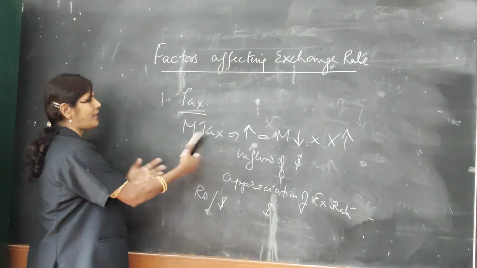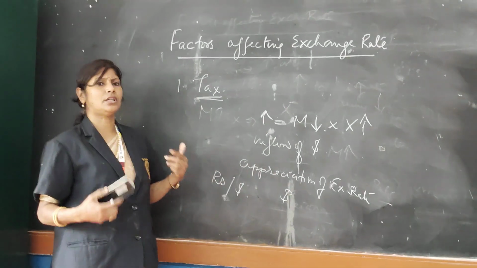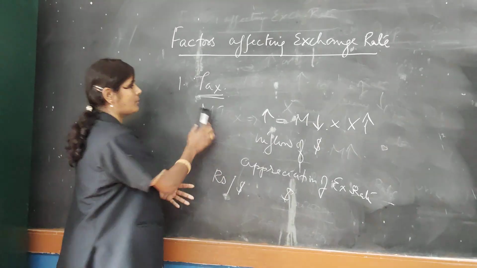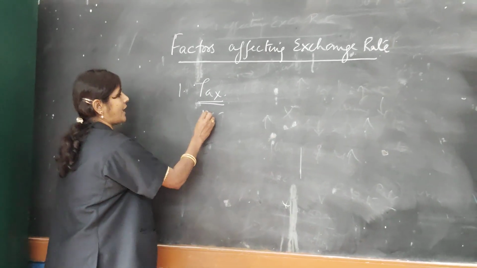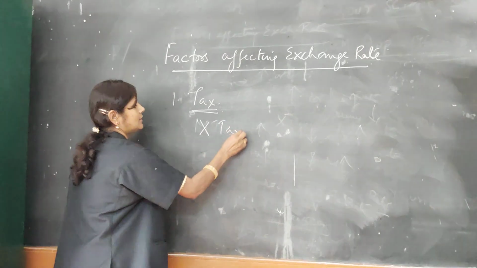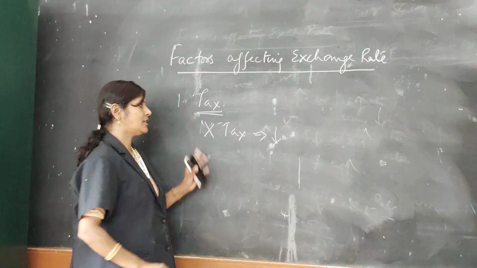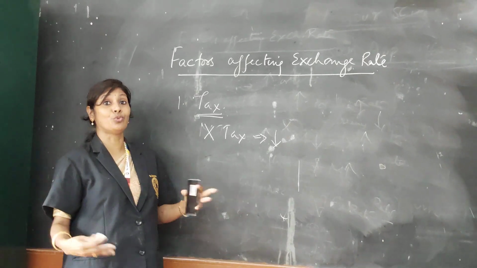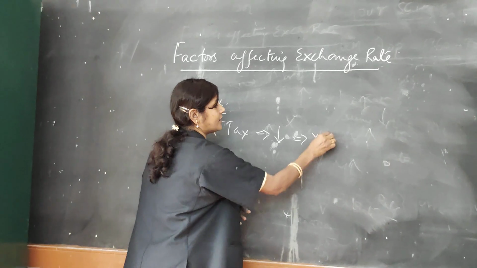So vice versa, what will be the next case? The next case is export tax. What happens if we have export tax? When the export tax is reduced, think about that. Export tax reduces. In this case, the export will increase.